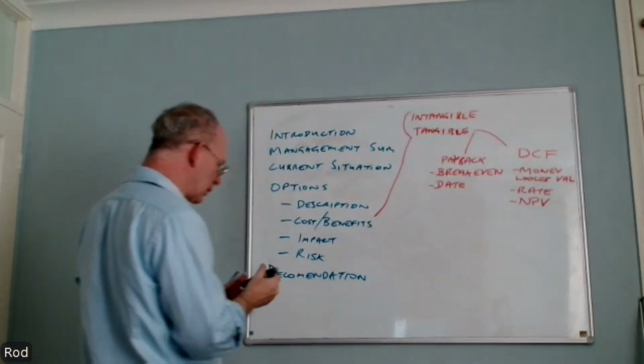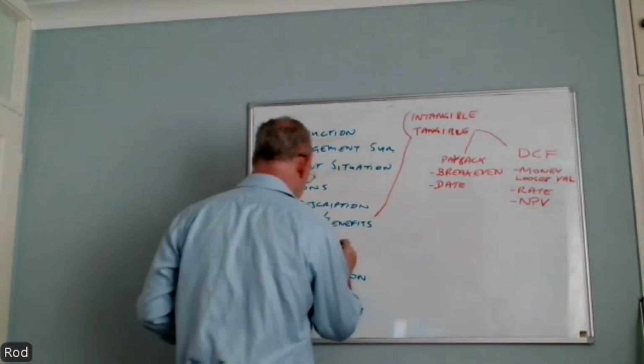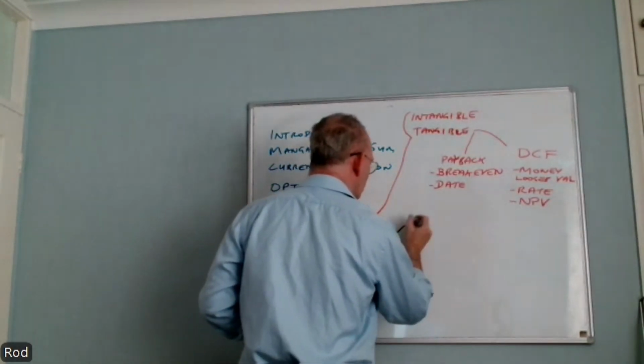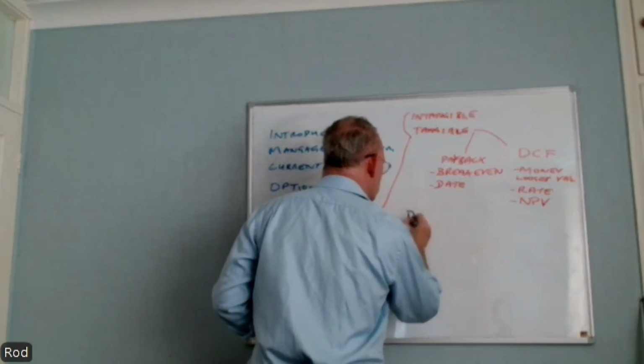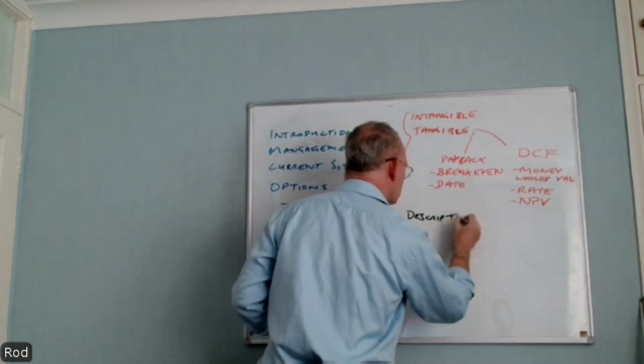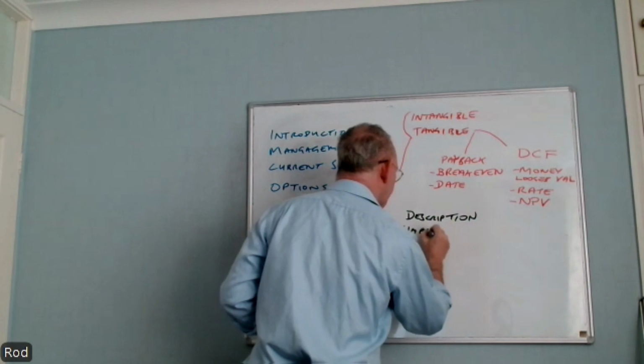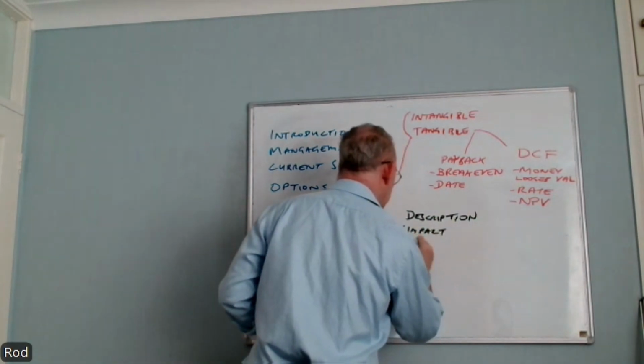We need to look at something like the risks. For our risks, we need a description. We need an impact. We need a probability.